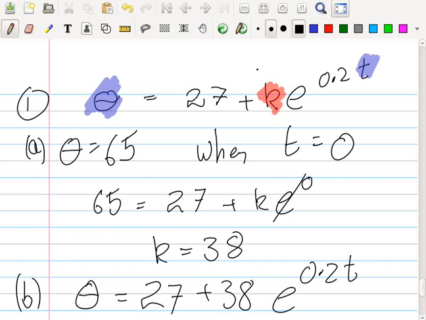Oh, wait. I know what the problem is. Yeah, there's no minus. Now, where would I put the minus?